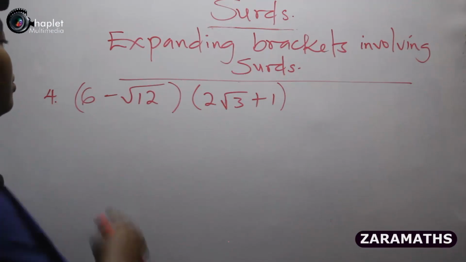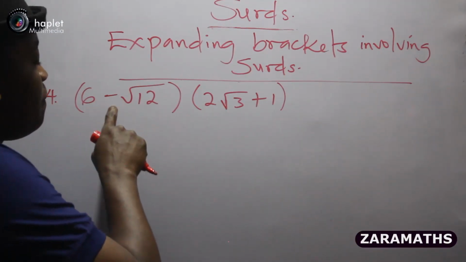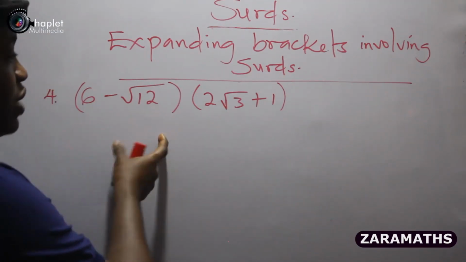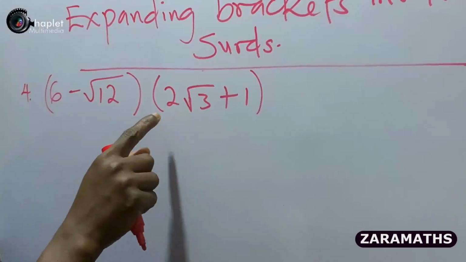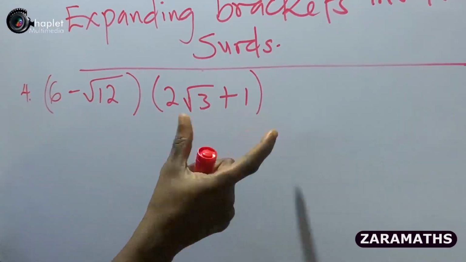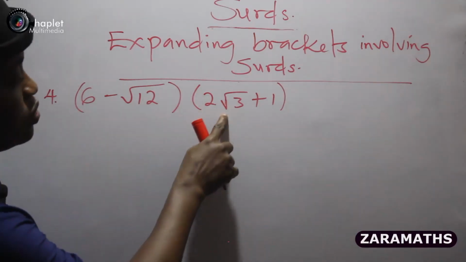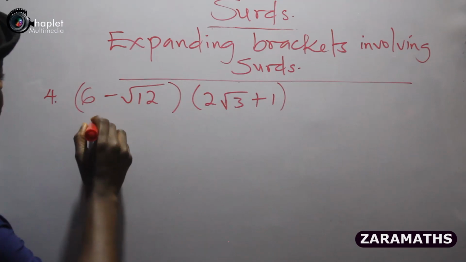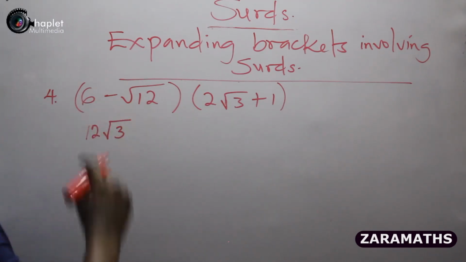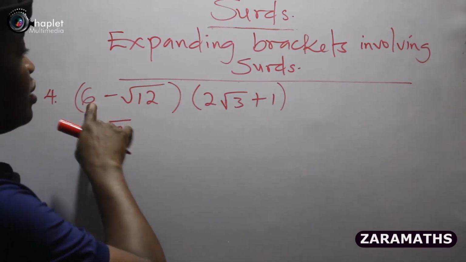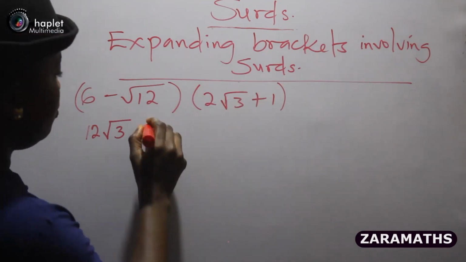Another example, 6 minus root 12 in brackets, multiplying 2 root 3 plus 1 in another bracket. In this case now, 6 will multiply 2 root 3 to give us 12 root 3. 6 will multiply 1, plus 6.